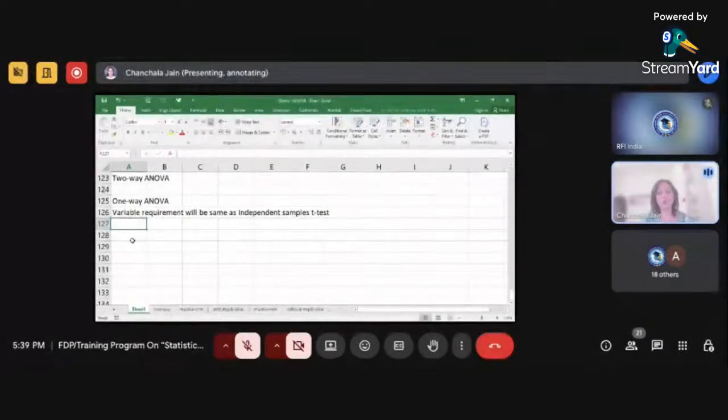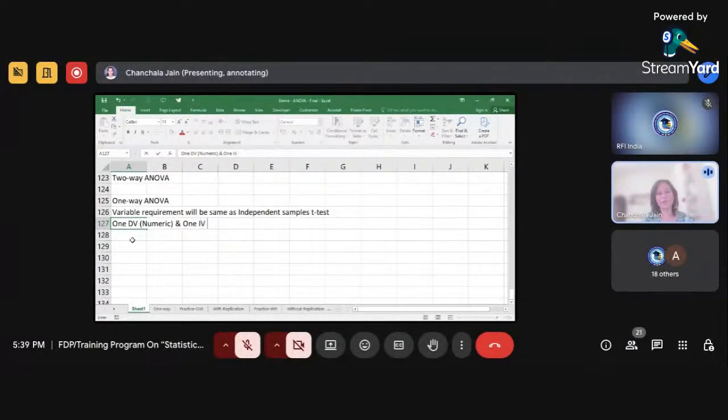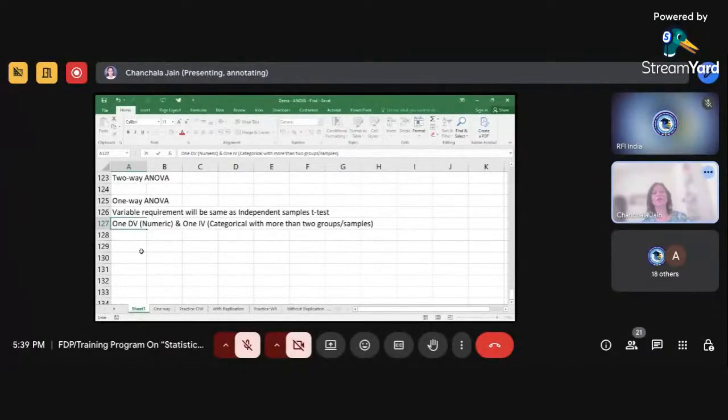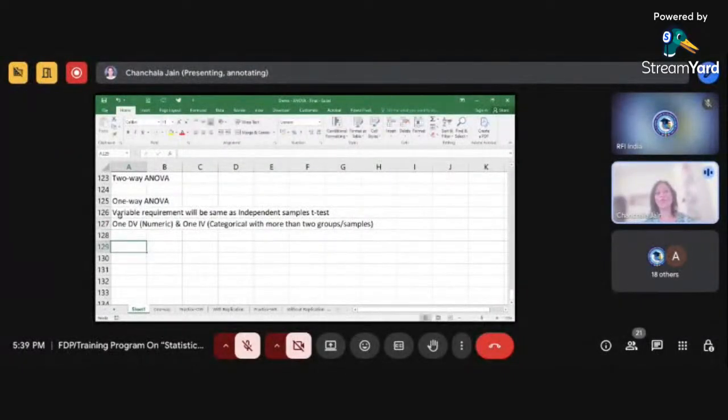The meaning is that you need to have one dependent variable, which will be your numeric or continuous variable, and you will be having one IV, which will be your categorical, with more than two groups or samples, right? So this is the variable requirement of one-way ANOVA.